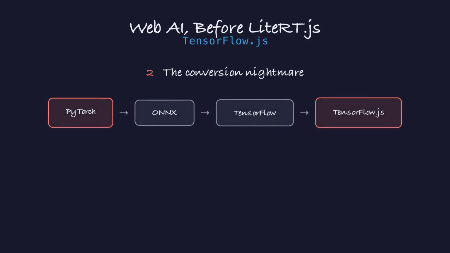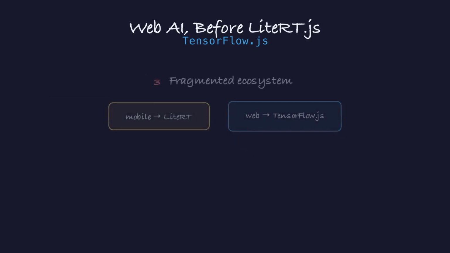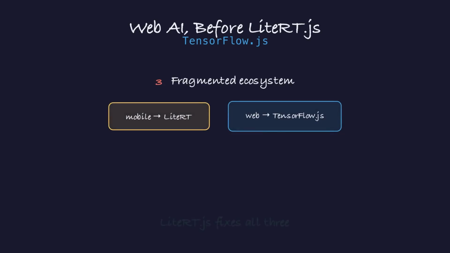Getting one into TensorFlow.js meant a 4-step journey: PyTorch to ONNX to TensorFlow to TensorFlow.js. Every step risked precision loss, conversion failures, and debugging pain. 3. A fragmented ecosystem. Mobile ran LiteRT models, web ran TensorFlow.js, different formats, different tools, 2 pipelines for one model.